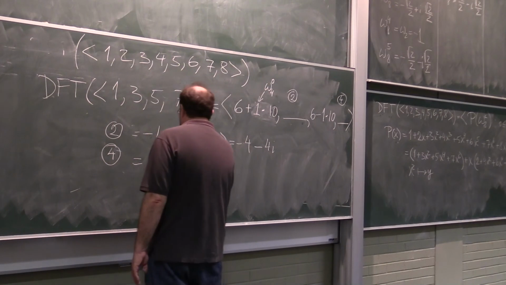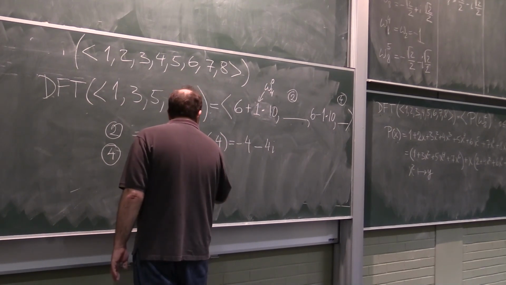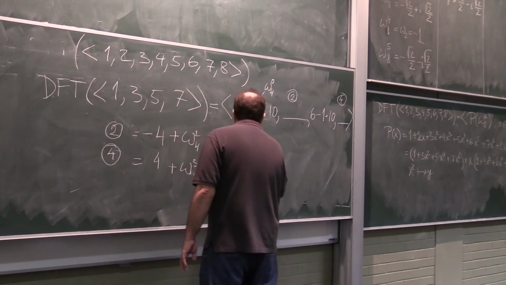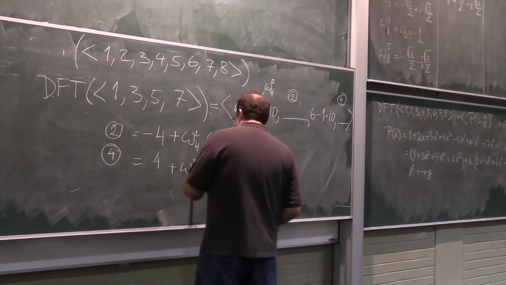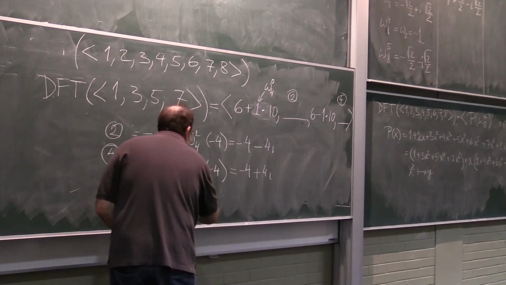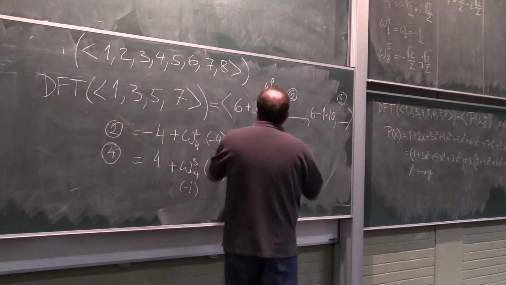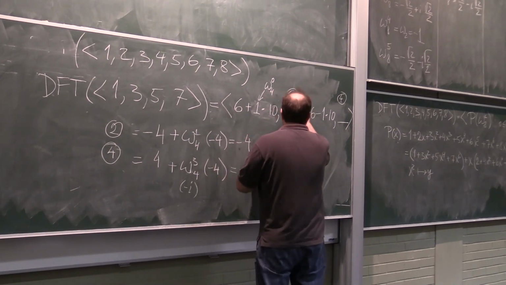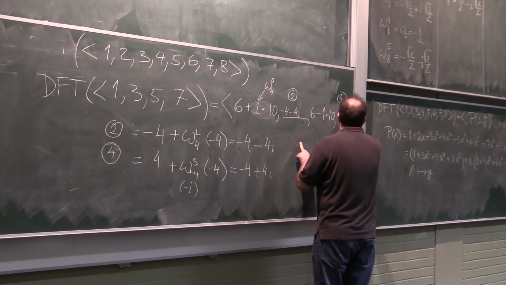So it will be minus 4 plus 4i, because this is minus i. So the sequence that we get is minus 4, minus 4i, and here it's minus 4 plus 4i.